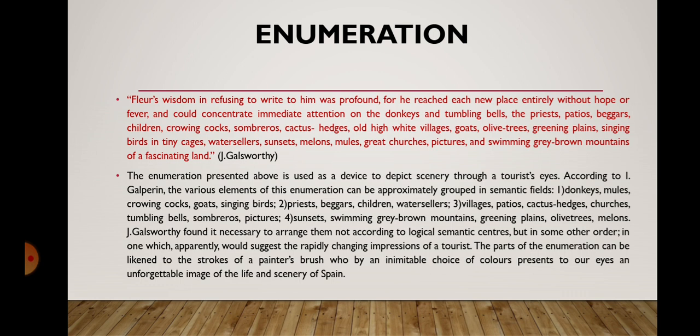The enumeration presented above is used as a device to depict scenery through a tourist's eyes.